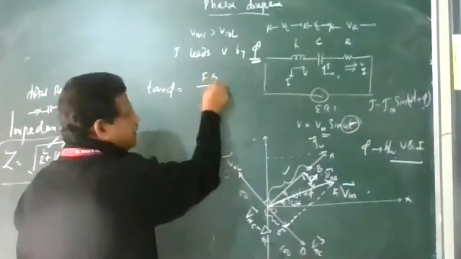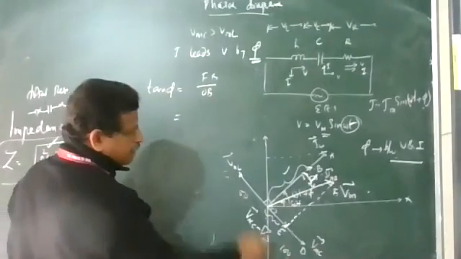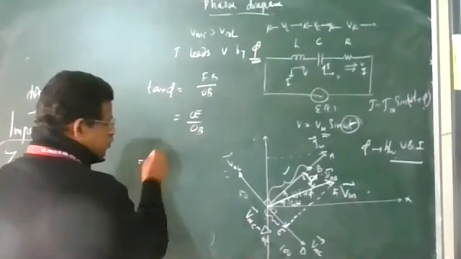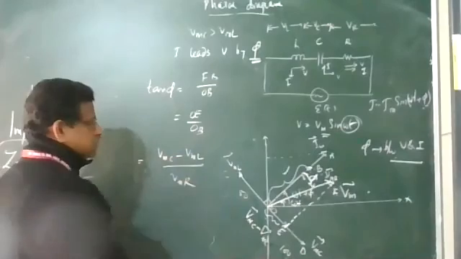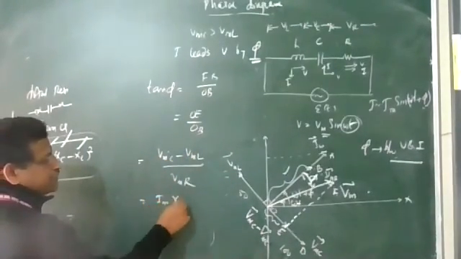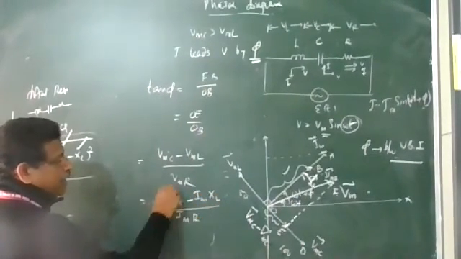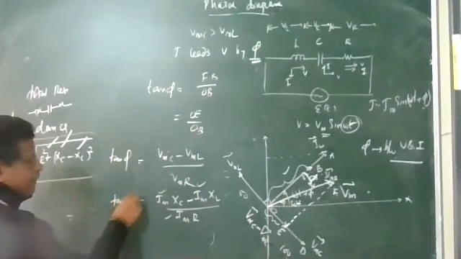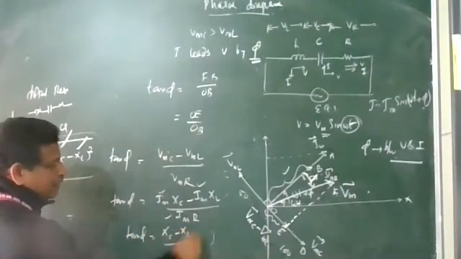FB divided by the horizontal side OE. The value of FB is VC minus VL, divided by VR, which is OE. Substitute the values of voltage: Im into XC minus Im into XL, divided by Im into R. Im cancels. So tan phi is equal to XC minus XL divided by R.